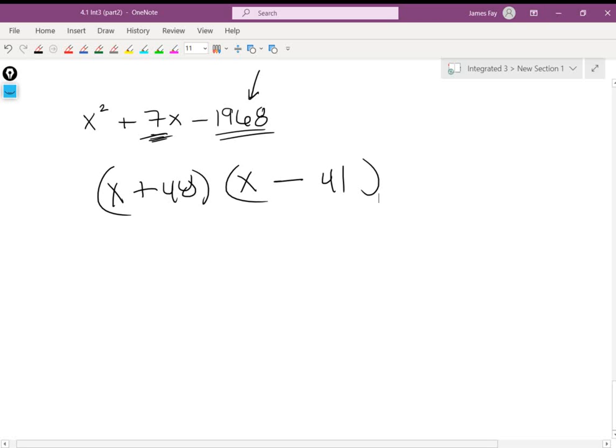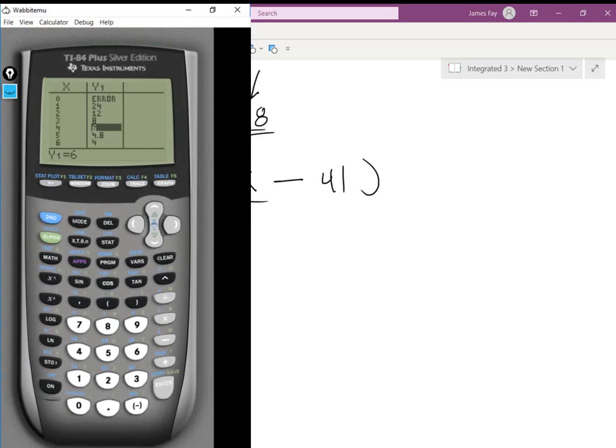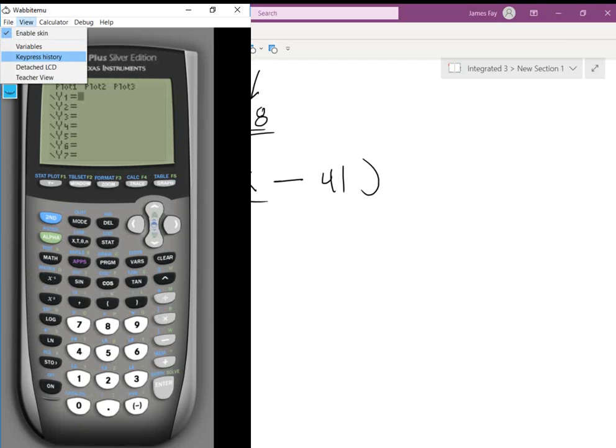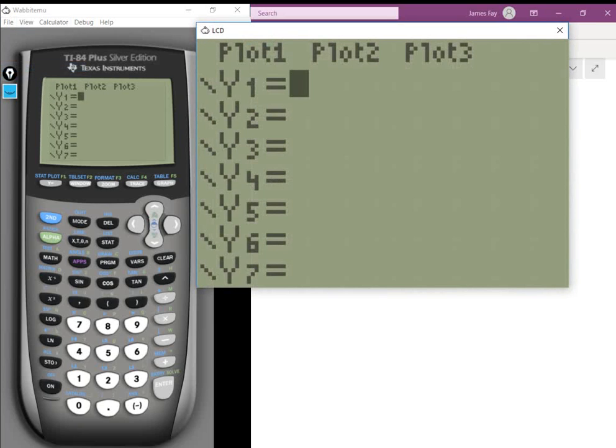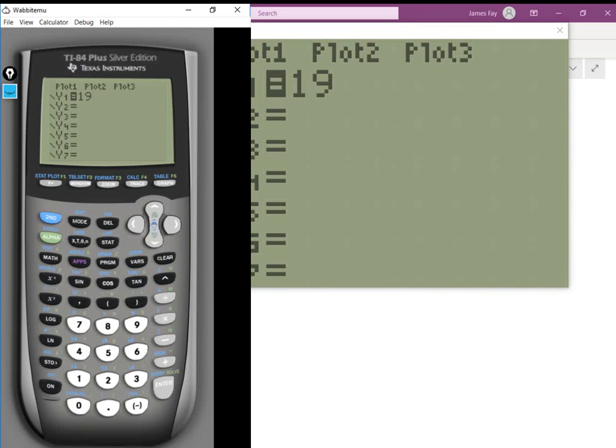But if you guys don't want to use it, tell you what, I'm going to show people at home. Basically all we do is we go to y equals, if I want to find the factors of 1968. So 1968, just like the last question, I type that in, and I divide it by x.